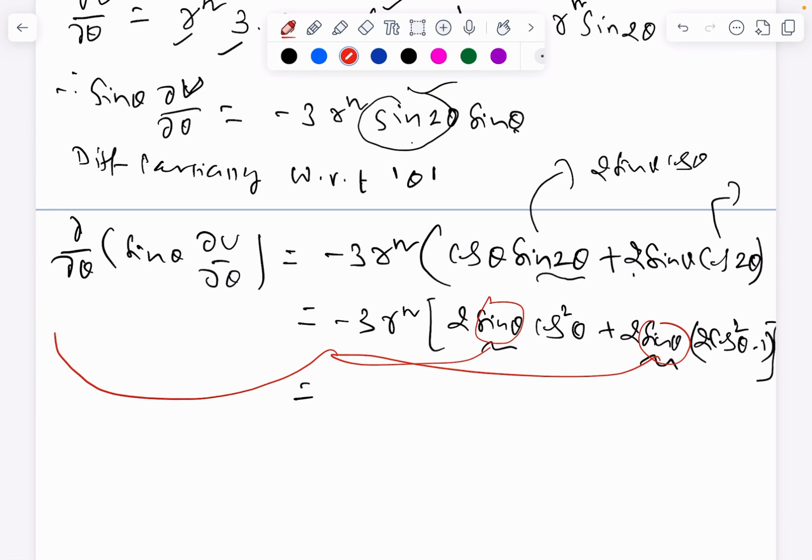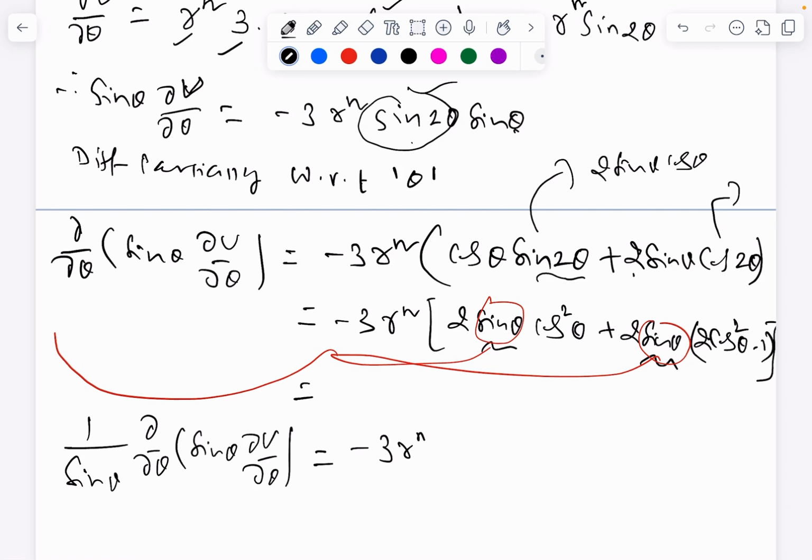So we have like this, 1 upon sine theta del by del theta of sine theta del u by del theta equal to minus 3 r power n, 2 cosine square theta plus 2 into 2 cosine square theta.